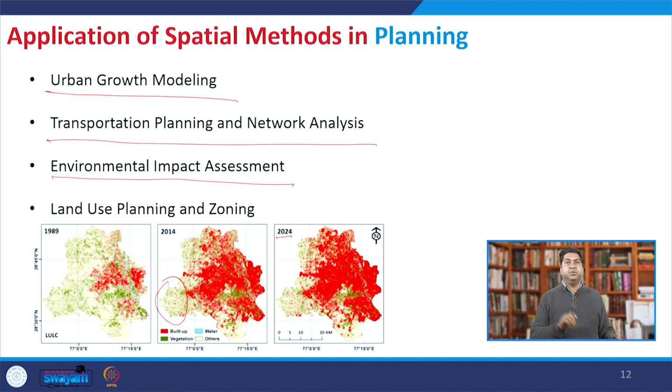There are other aspects like deterioration of the water level, or maybe some other natural hazard that you can map. It is also useful for land use planning and zoning, so that you can control the growth of that location.